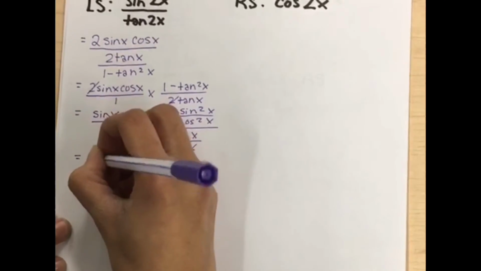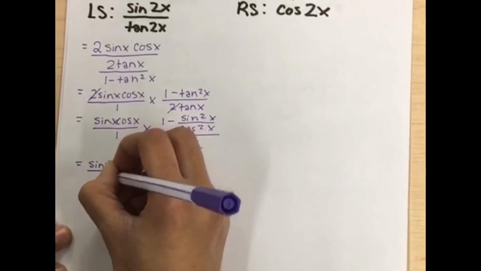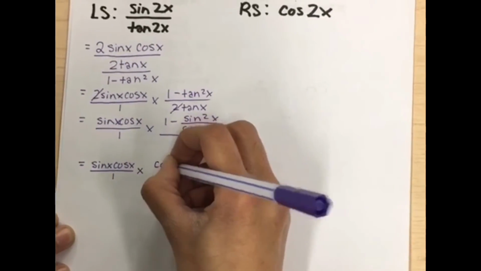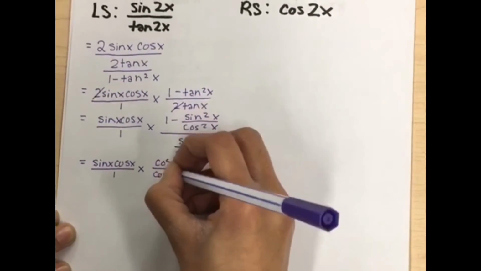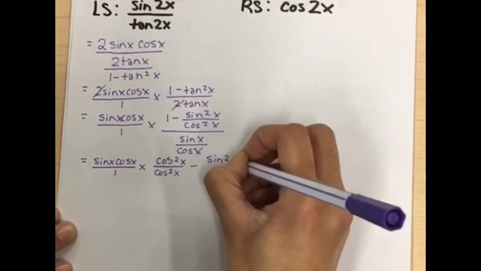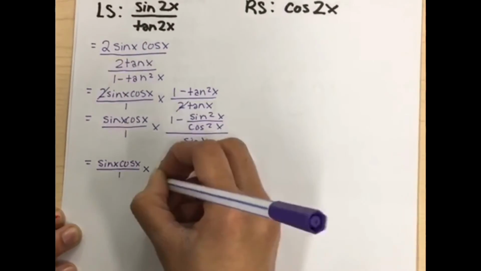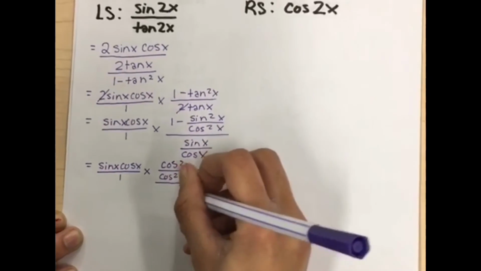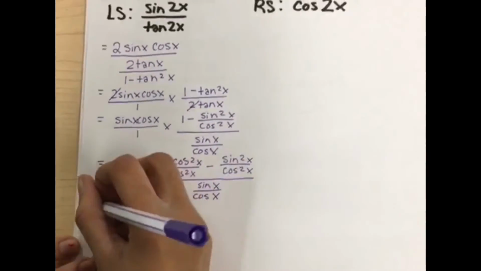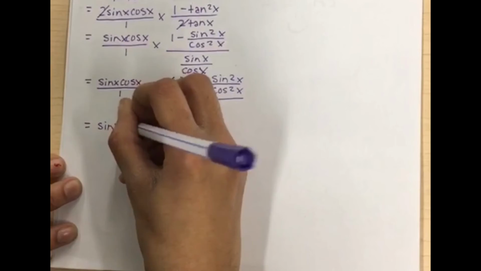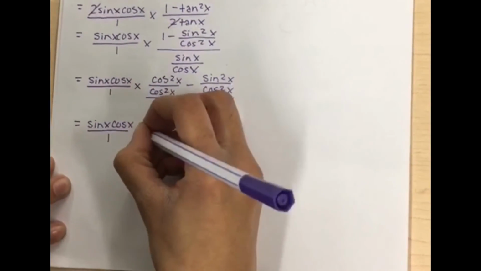To simplify the numerator in the second fraction, we will change the 1 into cos squared x over cos squared x. Then we simplify our numerator into cos squared x minus sine squared x over cos squared x.